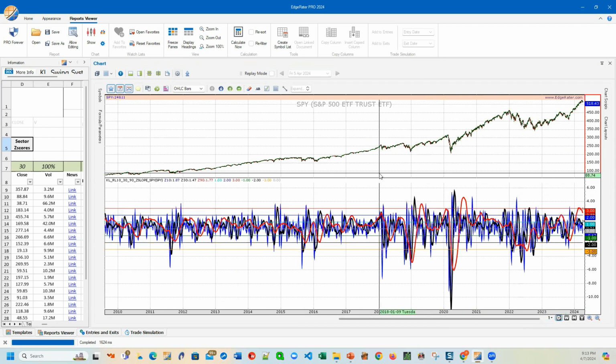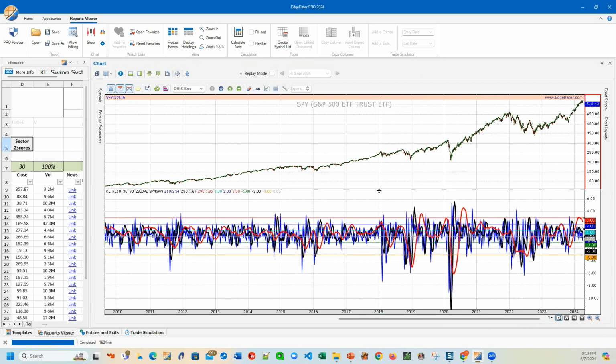So the lower one is the RL90, the reddish one. And here, back in August of 2020, it was up to 4 standard deviations above.